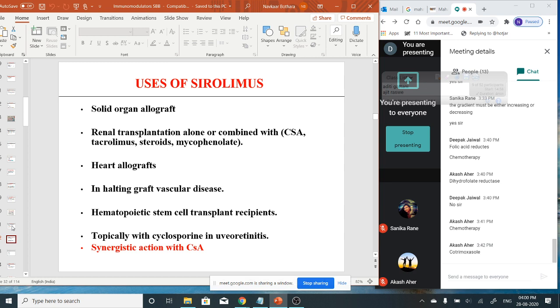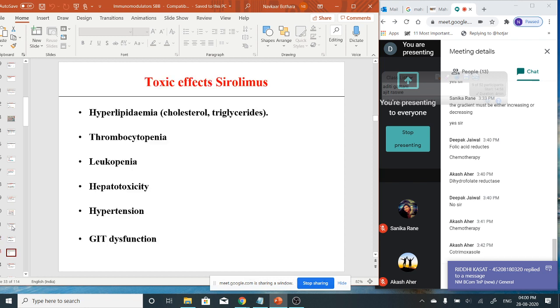Then it is used in heart allografts. Then it is used in halting graft vascular disease. It is used in hematopoietic stem cell transplant recipients. Then topically with cyclosporin in uveitis. It is synergistic with cyclosporin A.